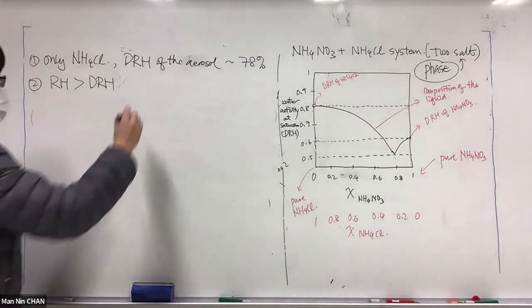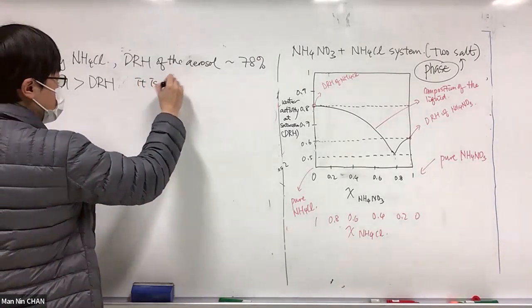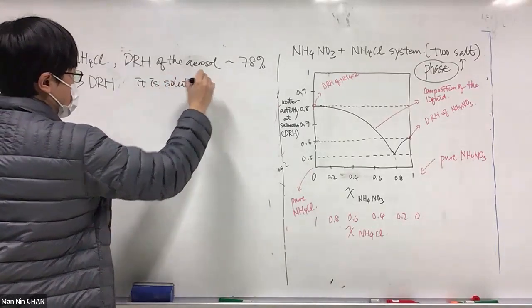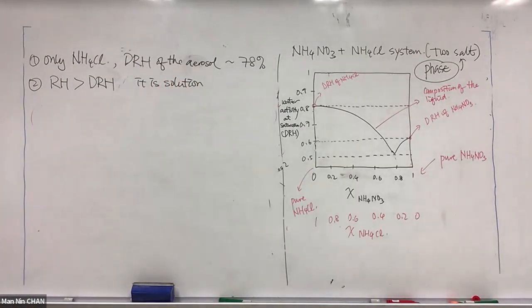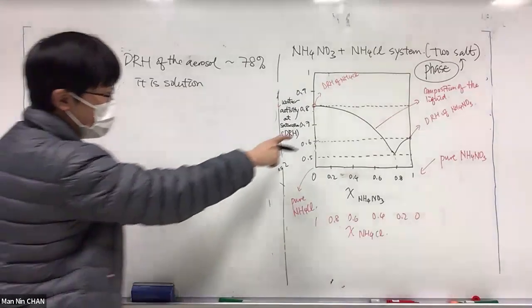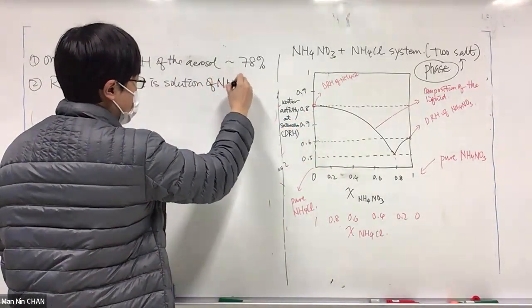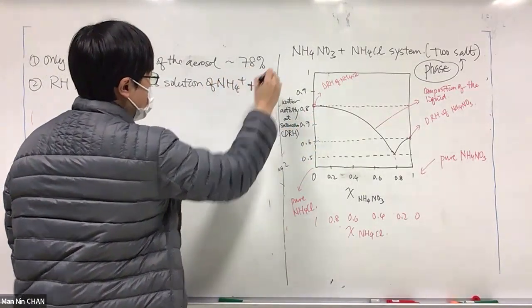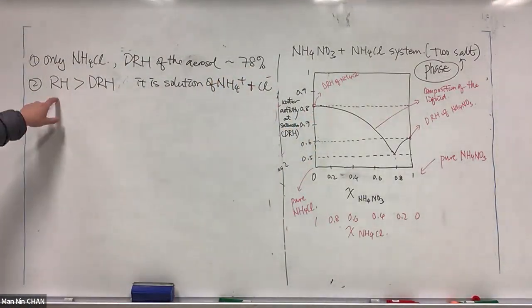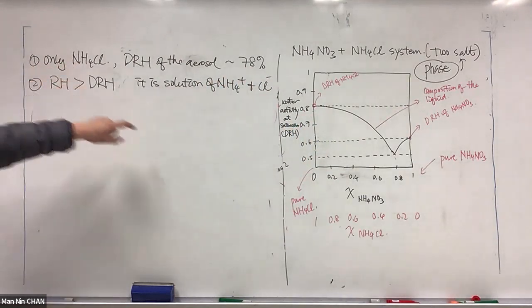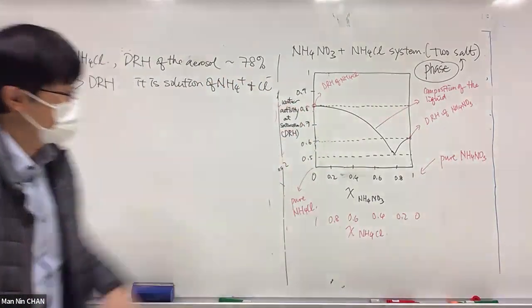Therefore, it is a solution. And because it's pure ammonium chloride, you only have a solution with ammonium ions and chloride ions, because remember, we are talking about only pure ammonium chloride.